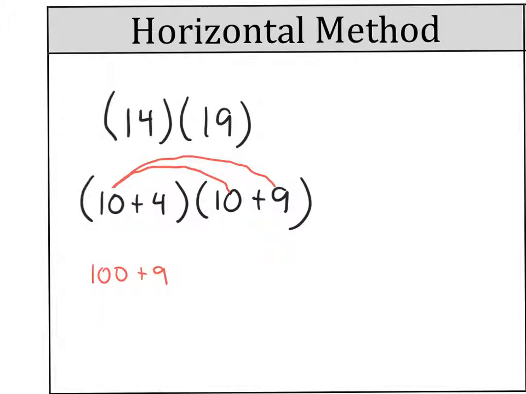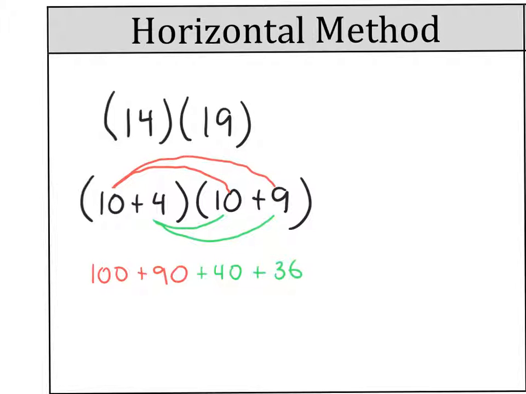But what else? Wait, there's more. What does the 4 do? The 4 has to distribute to the 10, and the 4 has to distribute to the 9. So essentially, this is double distribution. The 10 goes to both of those, and the 4 goes to both of those.